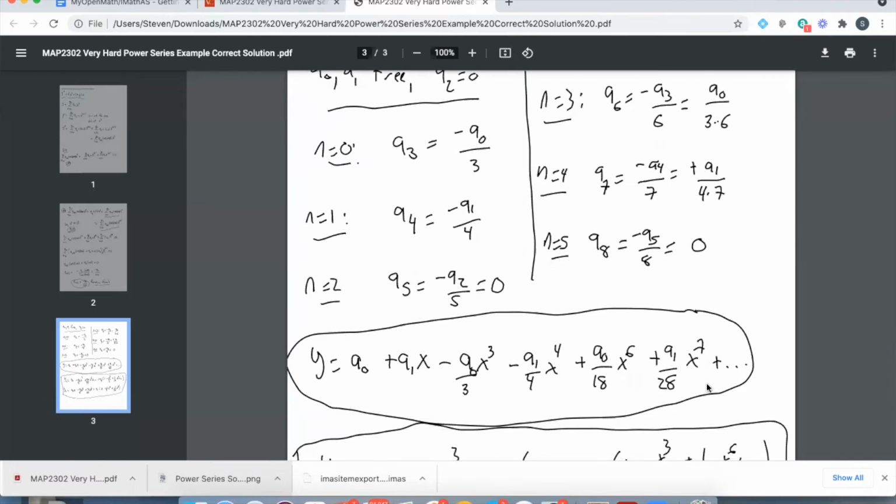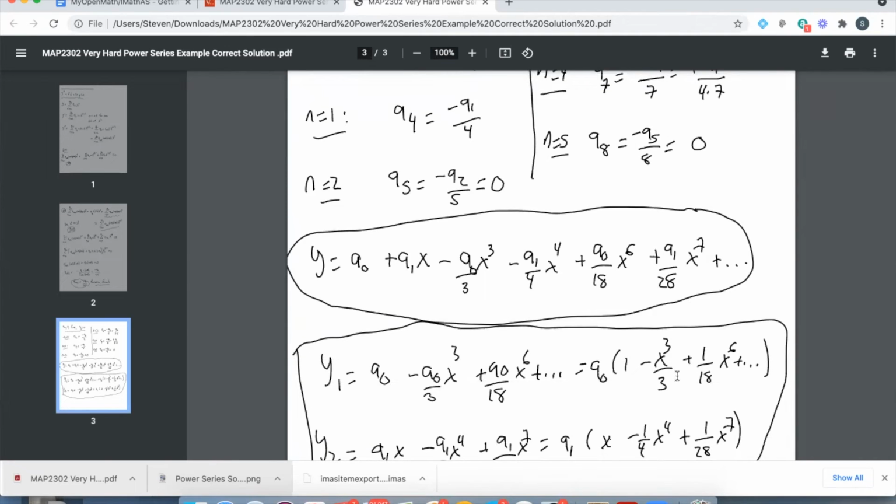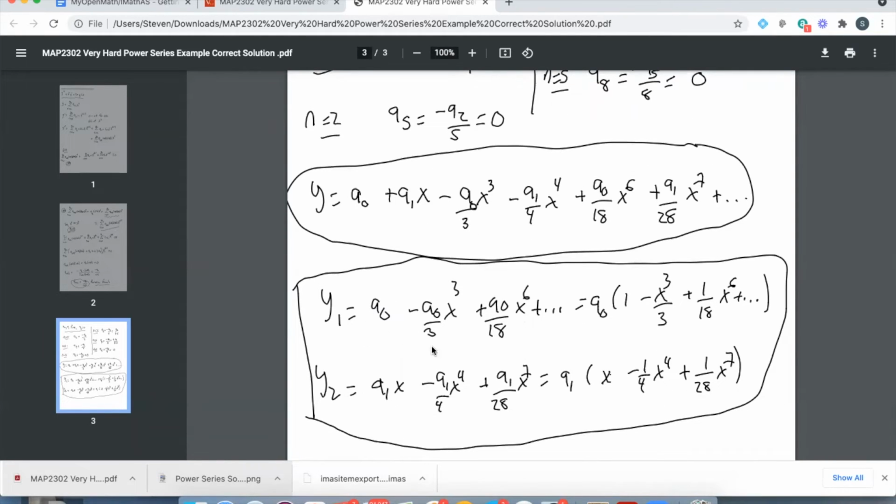And sometimes the question will ask you just for the full solution and you're done, you stop there. Other times the question will ask you to split it up into two pieces, the parts with the A0s and the parts with the A1s. So the A0s, I've put those all together here, like literally just writing some of them down. Here are the A1s.